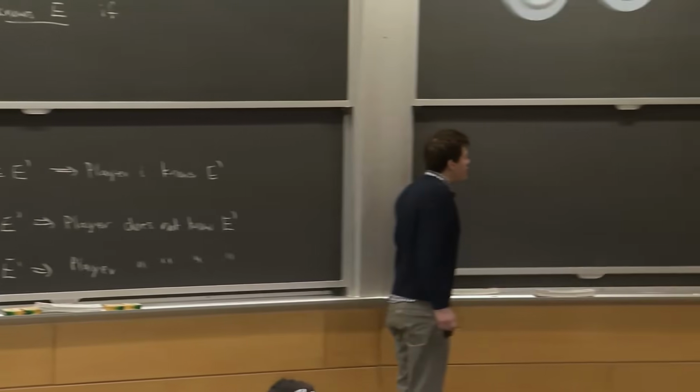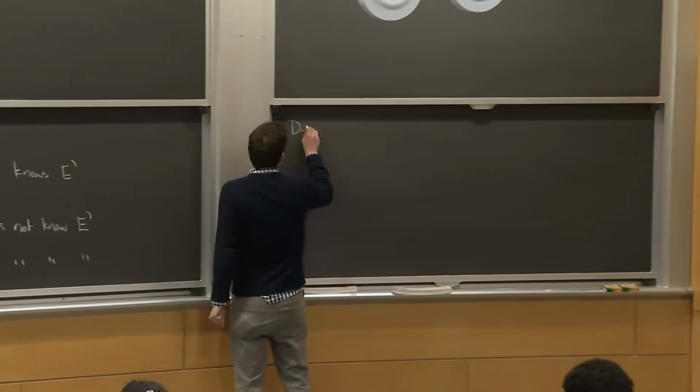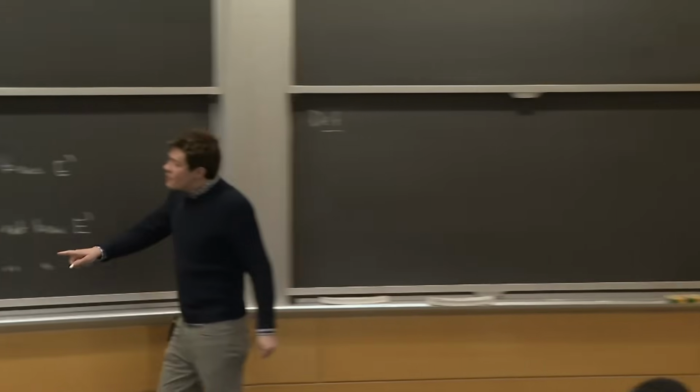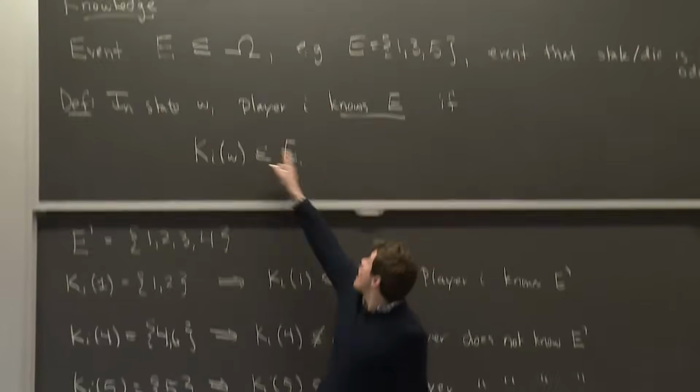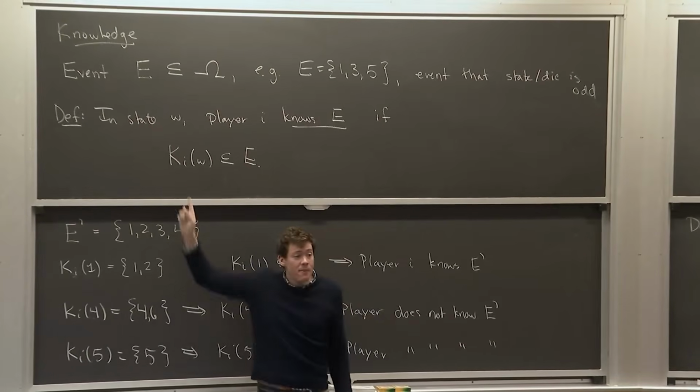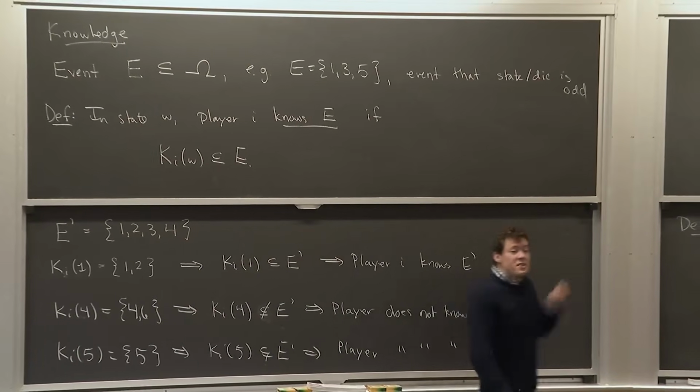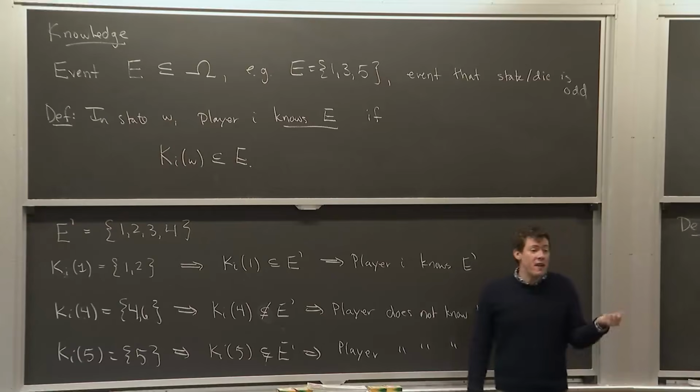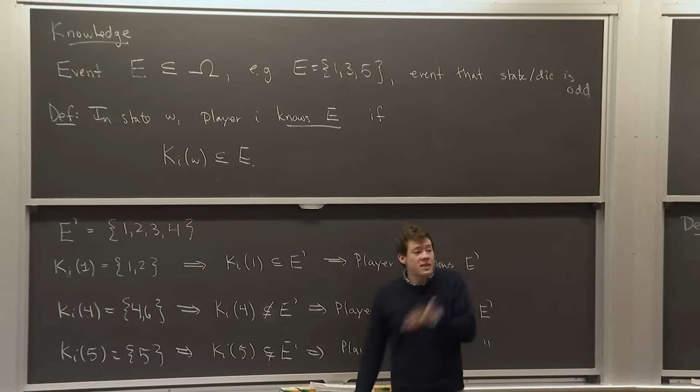So I guess the next definition we need: we've said what it means for player I to know an event in a given state. But now we can talk about in which states a player knows a given event E. And that itself is another event.